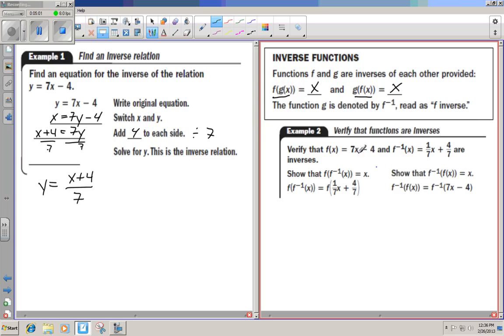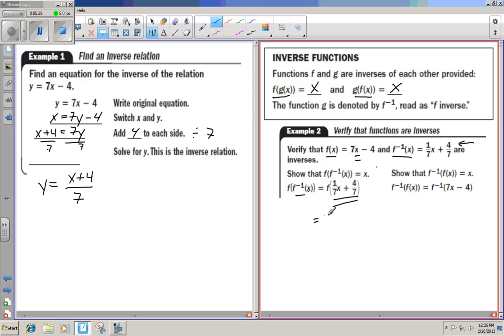So let's do the composite here. This is the original, this is the inverse. We need to show that the composite is equal to x. So f of f inverse x. Well, f inverse x is right here, so we switched it. They did it for us. Now you take this piece of information and you plug it in for this x right here.